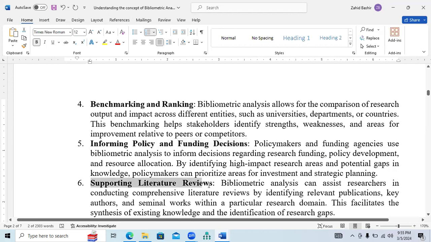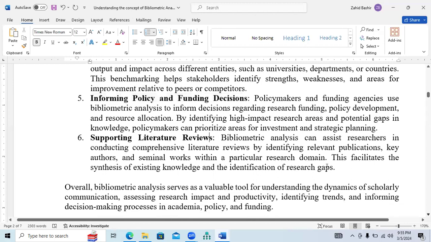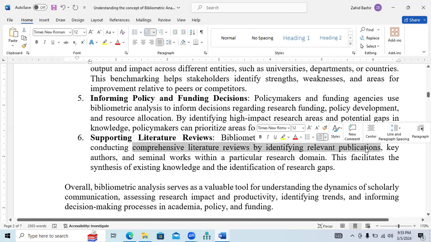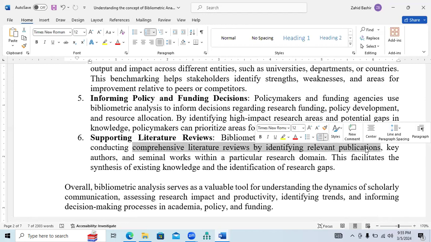Similarly, supporting literature reviews. You may use bibliometric analysis to support your literature review. It can assist researchers in conducting a comprehensive literature review by identifying relevant publications. It will let you know which are the most impactful publications that you may use for developing your literature review.